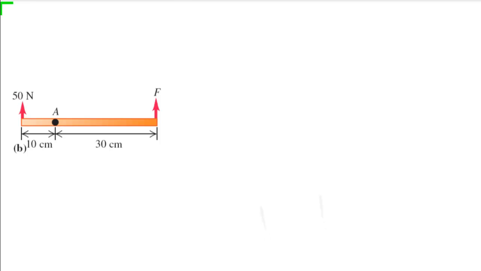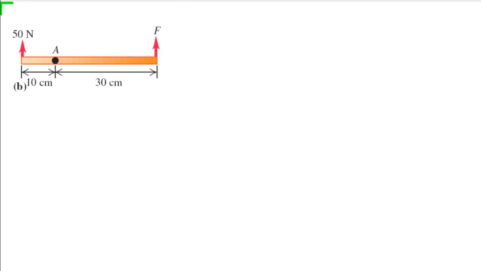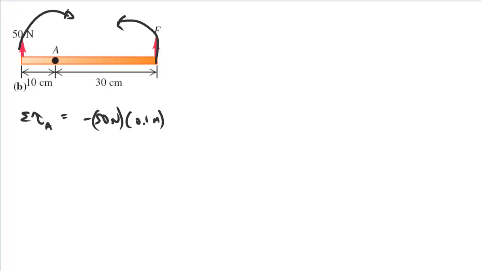So summing the torques about A. The sum of the torques about A. This 50 newtons is going to be clockwise, right? So this is negative 50 newtons times, I could actually leave it as 10 centimeters, but just for standard units, 0.1 meters. And then this force F is going to be counterclockwise about A, right?